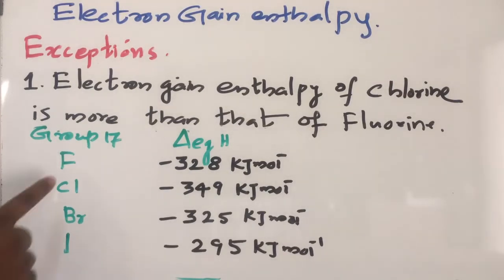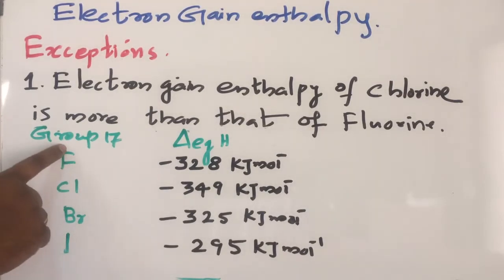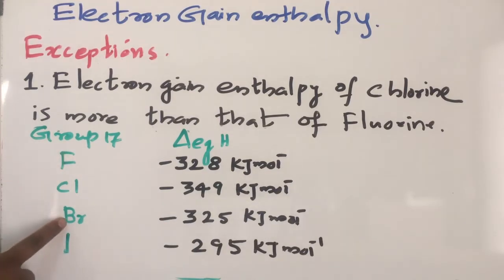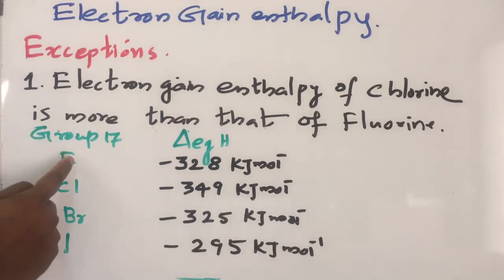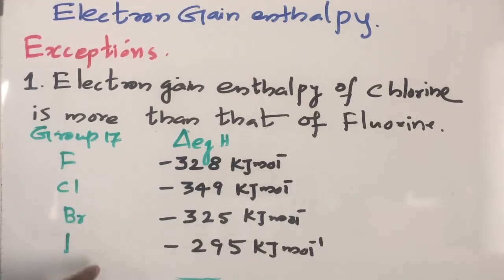We know fluorine and chlorine belong to group 17. Bromine, iodine, astatine are the other members of group 17. We know that in a group, from top to bottom, generally electron gain enthalpy will decrease. Let's see the values.